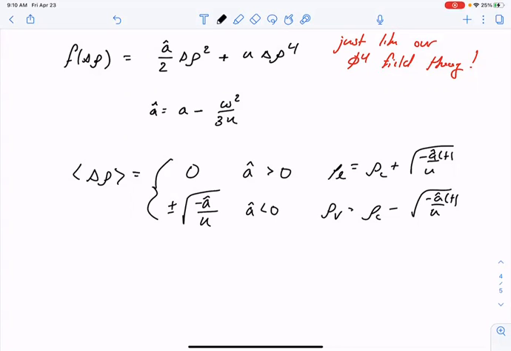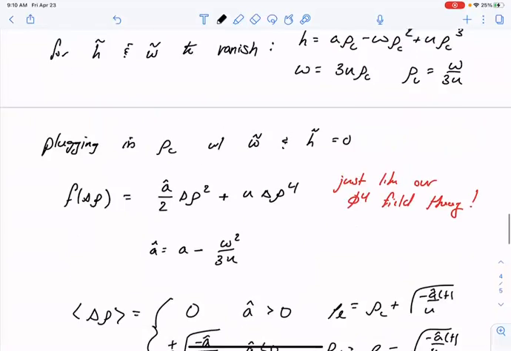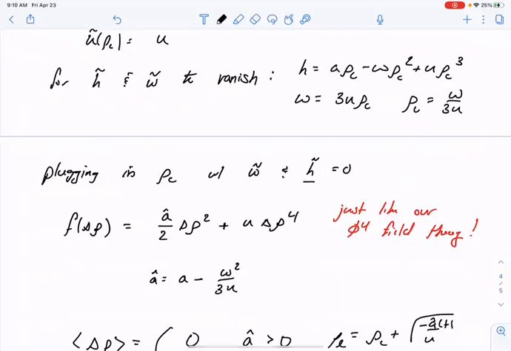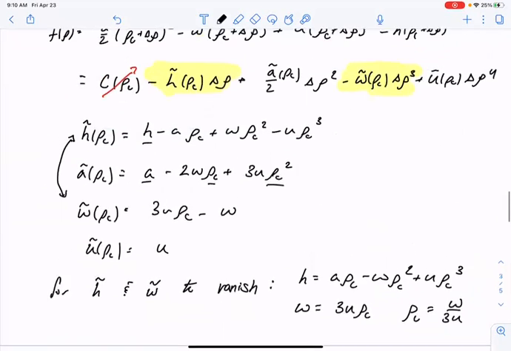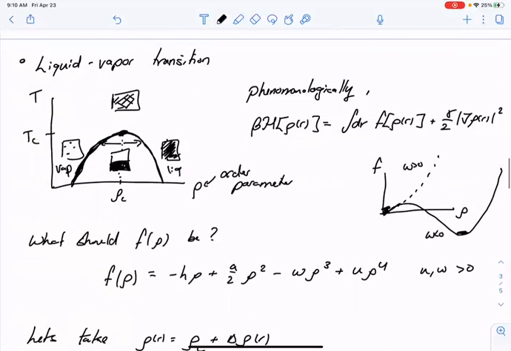Liquid vapor transitions can be modulated with pressure. You can imagine parameterizing this H tilde and thus rho C as a function of pressure as well. Now, what is useful in the context of a liquid vapor transition, so we essentially have all of the critical behavior.